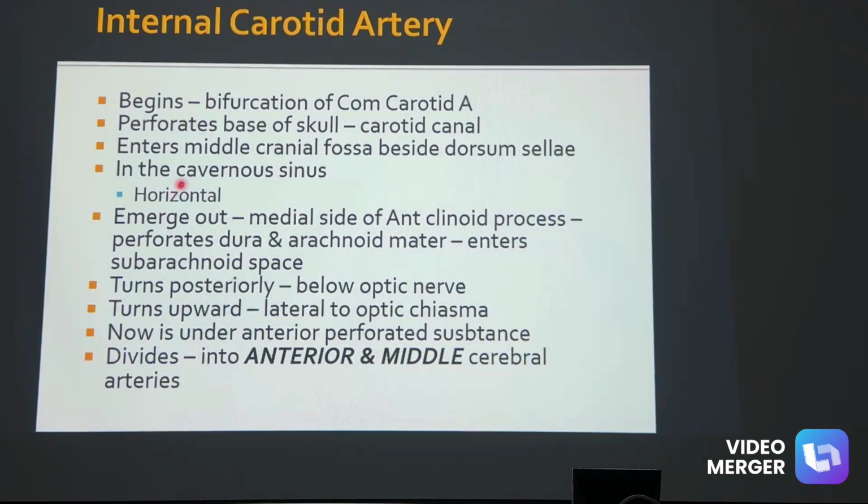Then horizontally it moves in the cavernous sinus, emerges out on the medial side of the anterior clinoid process, perforates the dura and arachnoid mater, and enters the subarachnoid space. It turns posteriorly and upward and divides into the two major arteries, the anterior and middle cerebral arteries.